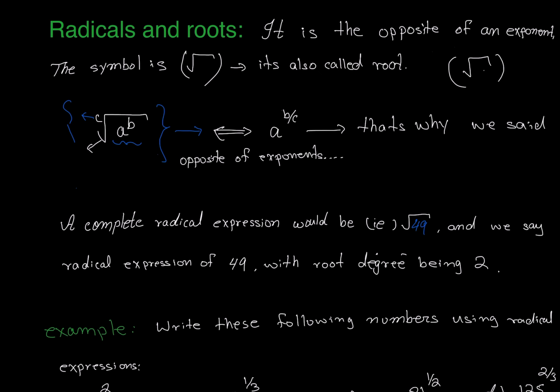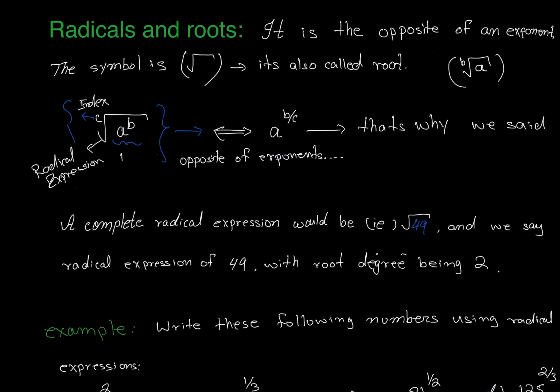So if you have anything in here, something in the index area, this will be a radicand, this will be your index, and this is your radical expression. This is your index.